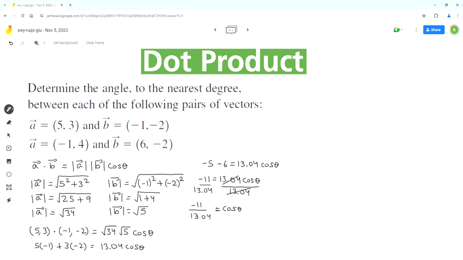Now we can do the inverse of cos to isolate theta. Now we can evaluate this inverse of cos.